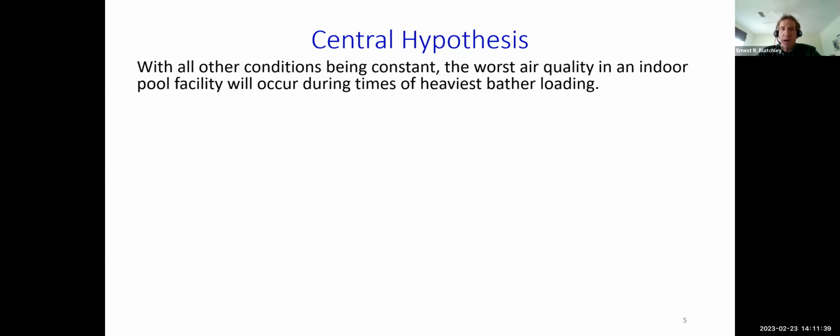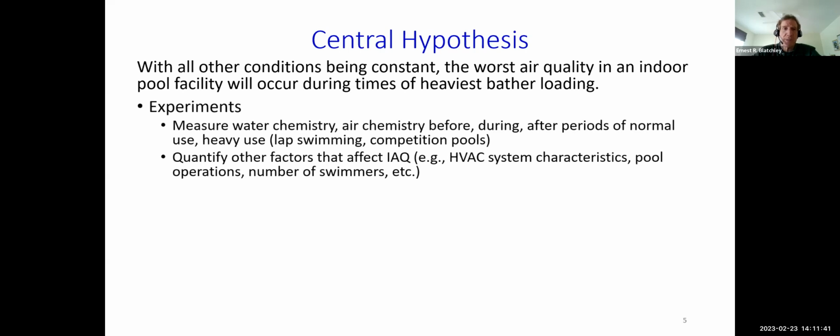To address this hypothesis, we conducted a series of measurements at swimming pools where we measured various aspects of water chemistry and air chemistry before, during, and after periods of both normal use and heavy use. These measurements were all conducted in lap swimming pools, conventional, back and forth kind of lap swimming pools, and oftentimes before, during, and after relatively large competitions.